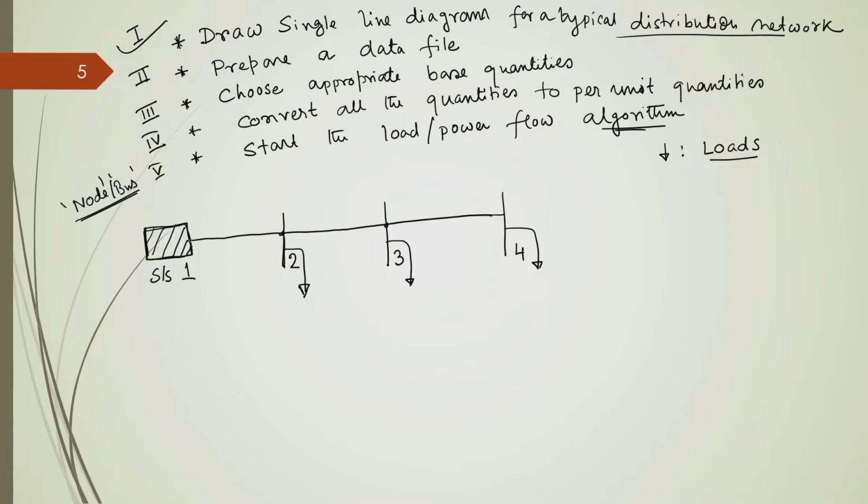Okay. Now, this is a main feeder or trunk feeder, and we may have some lateral feeders, or laterals, like this. So, with bus 2, we have another nodal point, node 5, which has some load demand represented by this arrow. Similarly, with node 3, we have another lateral feeder like this, represented by bus 6, and this arrow represents its load demand.